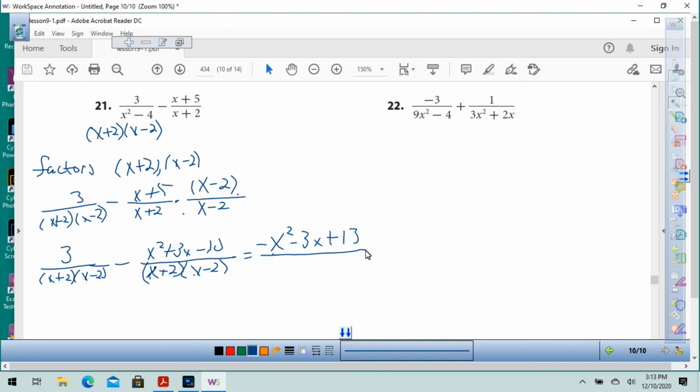And all of that is going to be over x plus 2 times x minus 2. And if we go back up here, that can't be a negative 2, and that can't be a 2. So my excluded values are x is not equal to plus or minus 2. We'll do it that way there.